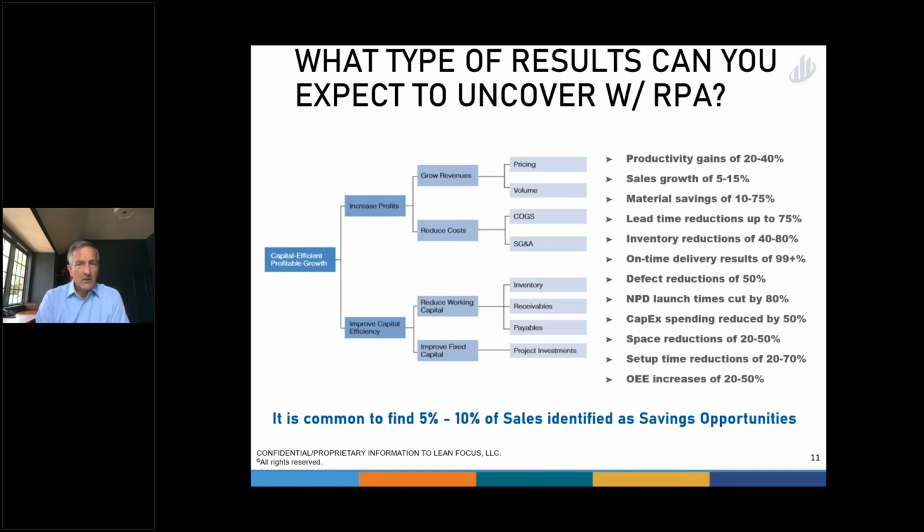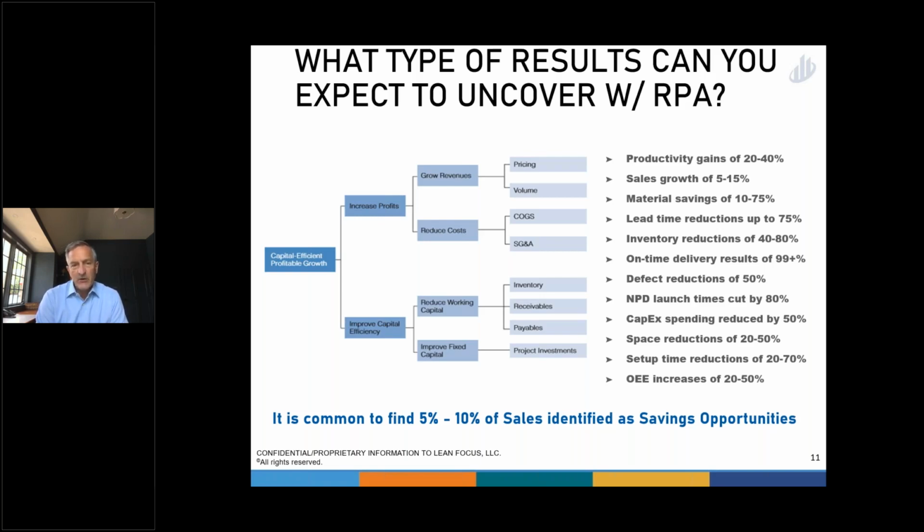But we can look at all aspects or any aspect of the business, from productivity to growth to increasing capacity and CapEx avoidance. We can focus on reducing space if you've got growth needs or acquisition integration needs, or focusing on OEE, or overall equipment effectiveness. So it really depends on your business, but these percentages on here are ranges that we typically see.